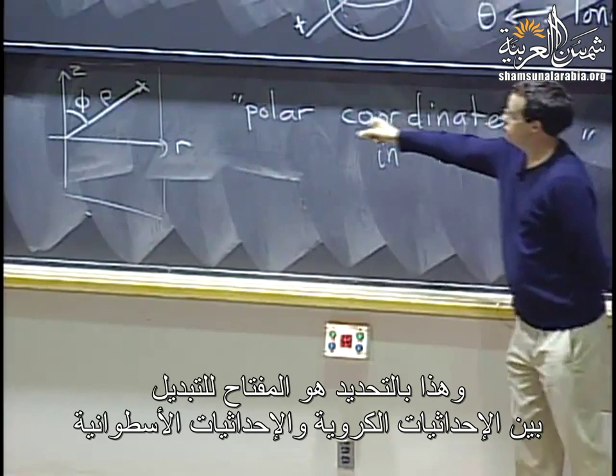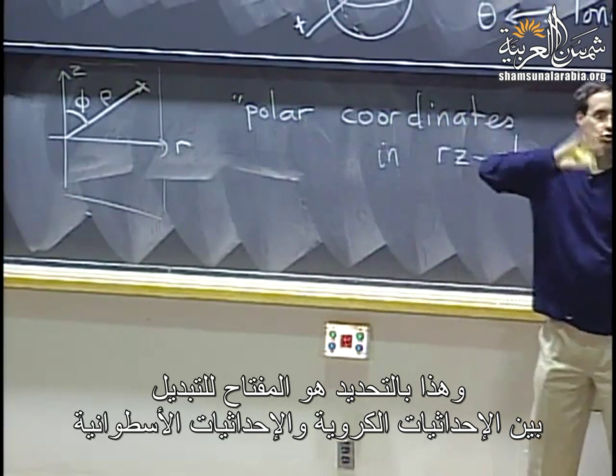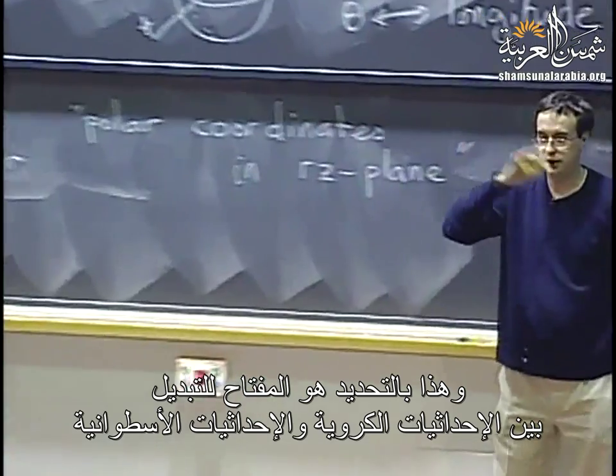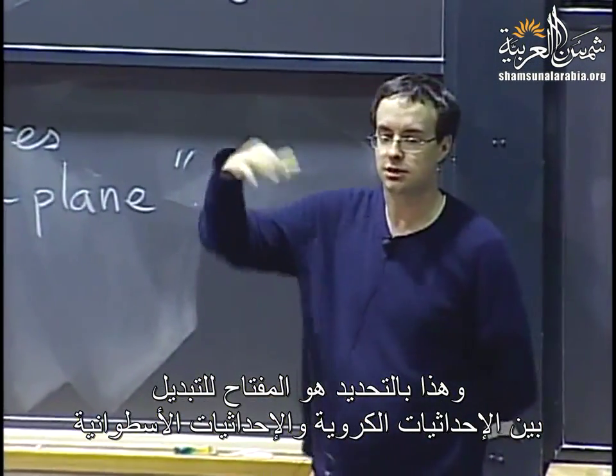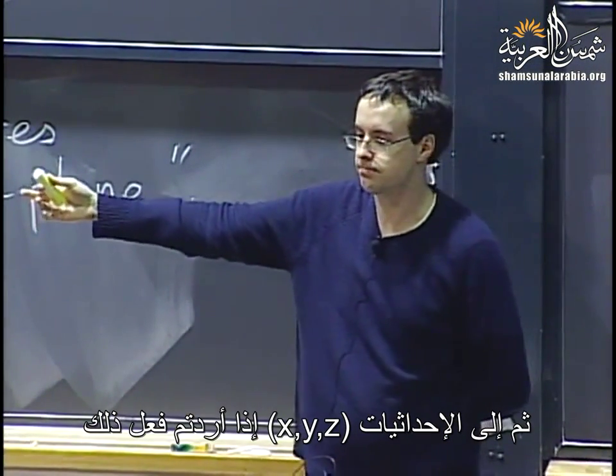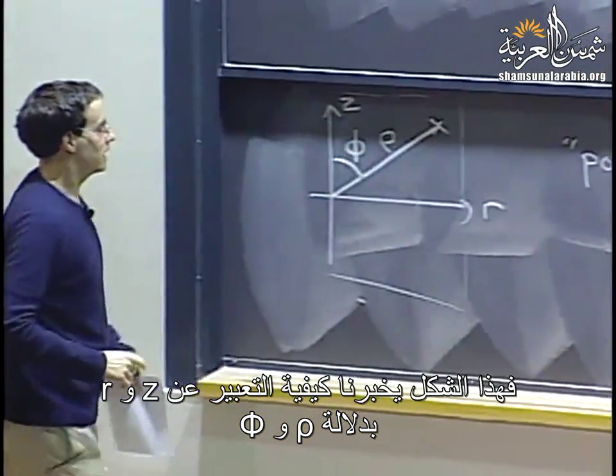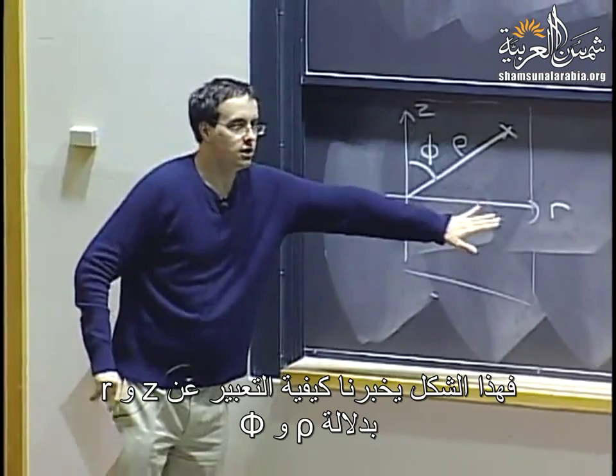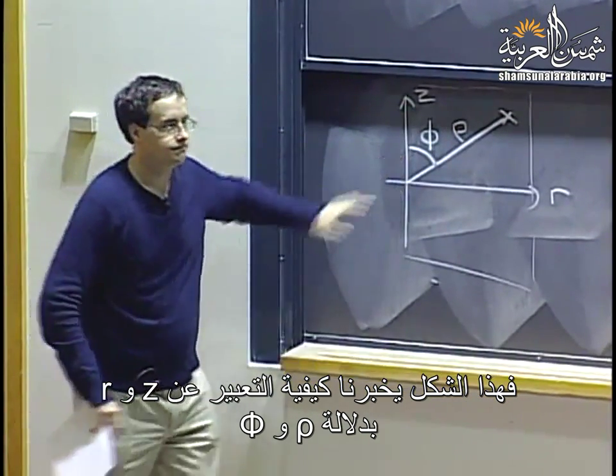So in particular, that's the key to understanding how to switch between spherical coordinates and cylindrical coordinates, and then all the way to x, y, z if you want. Right? Because this picture here tells us how to express z and r in terms of rho and phi.